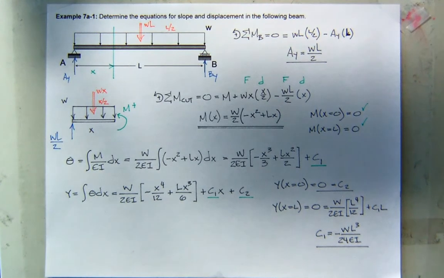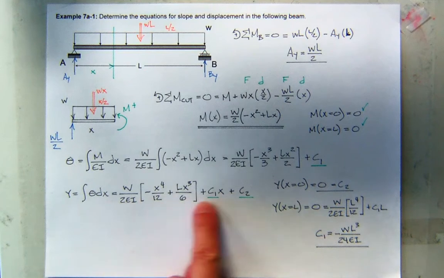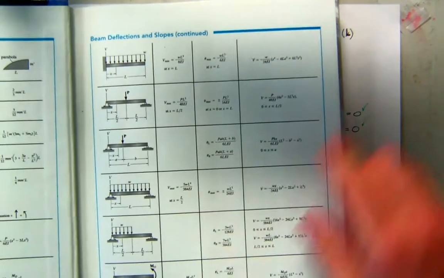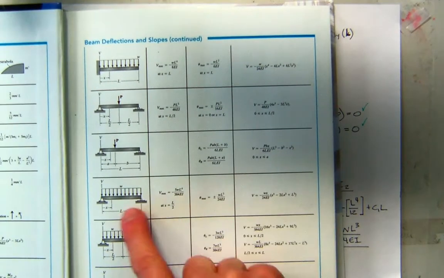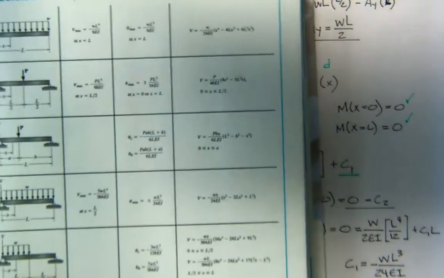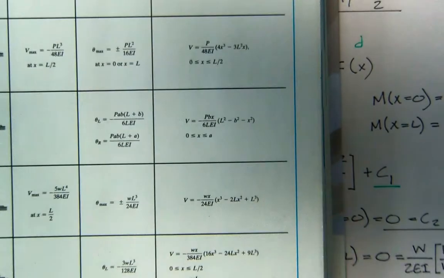Now, just to complete the cycle a bit, if you did plug C1 in here and find a common denominator, probably something over 24, you would get an expression that looks something like this. So that's the same problem we just worked. This is inside the front cover of your book again. I'll just have to blow it up pretty big for you to see it.